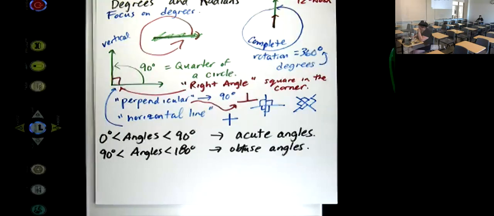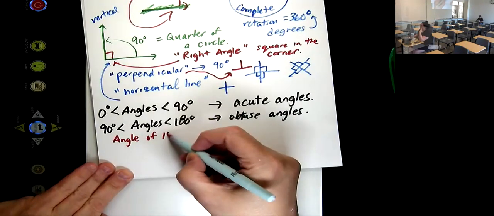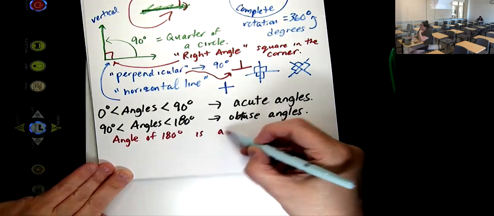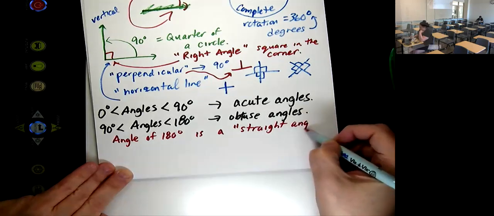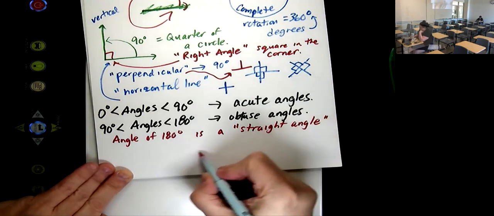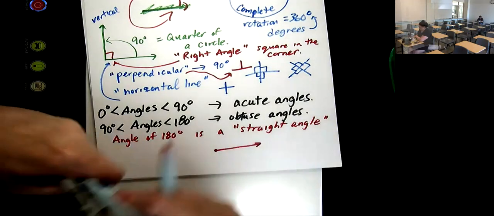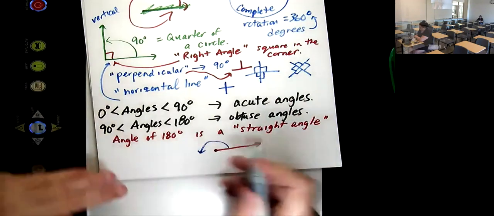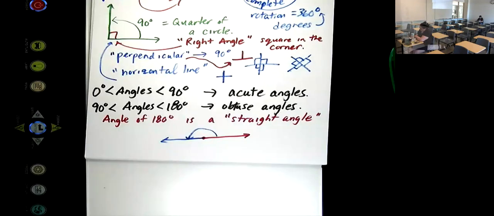And an angle of 180 degrees is called a straight angle, because it makes a straight line.